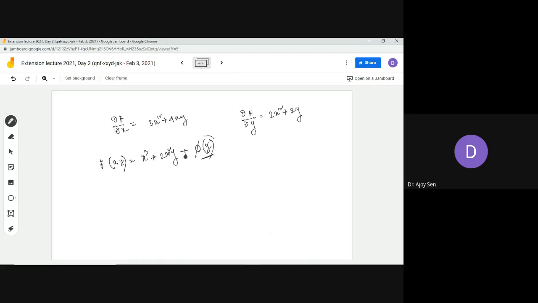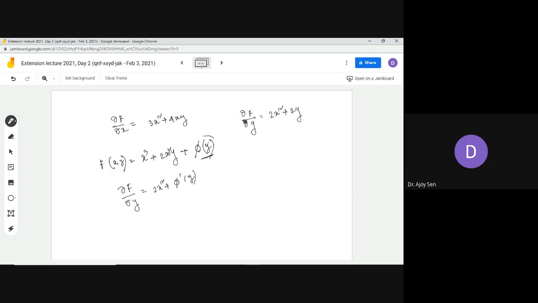From this, if you try to find del f del y, the x cube part cancels, and we get 2x square plus phi dash y. Phi dash is nothing but the derivative of phi with respect to y.